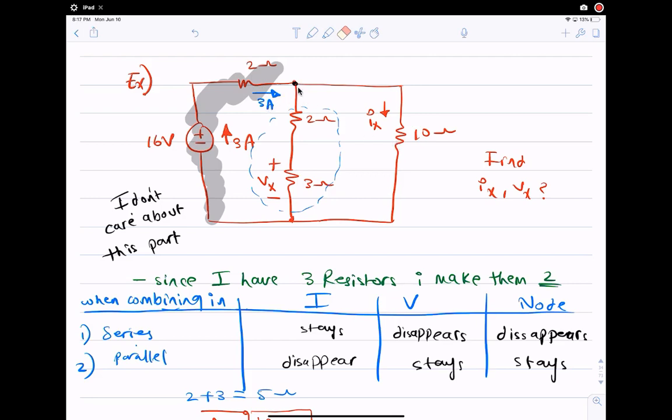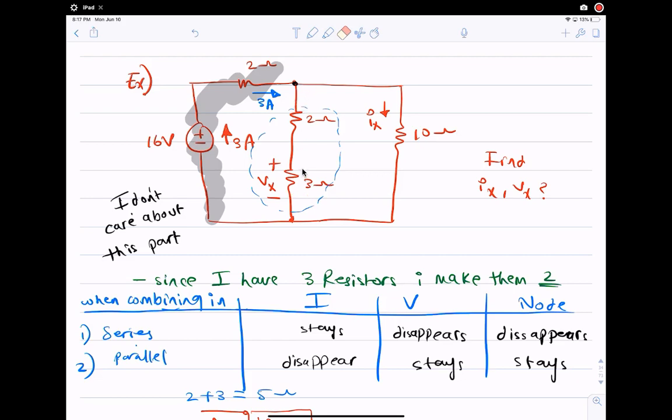So this 3 ampere would split into 3 resistors, but I'm not satisfied with that. We said we have to have 2 resistors. So those 2 resistors, I would add them in series. Why? Because the current, when it goes through 2 ohm, it would continue through the 3 ohms. So those two resistors are in series.